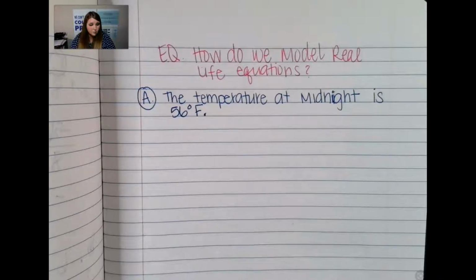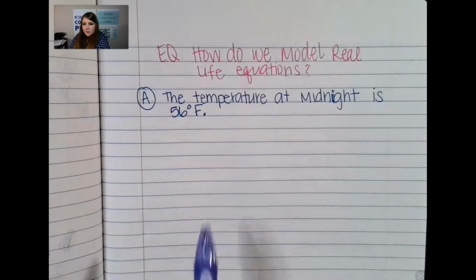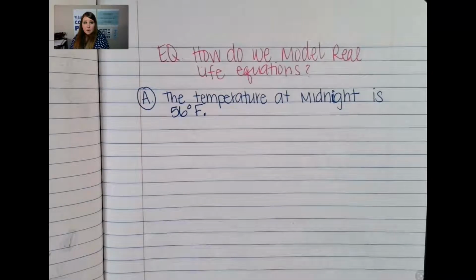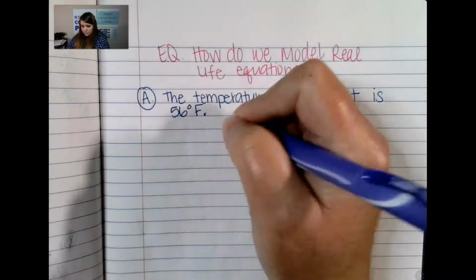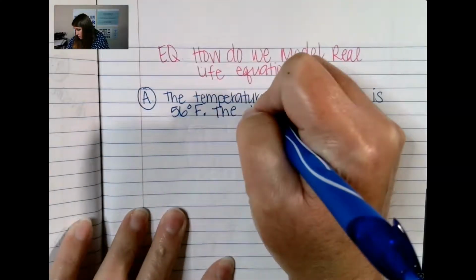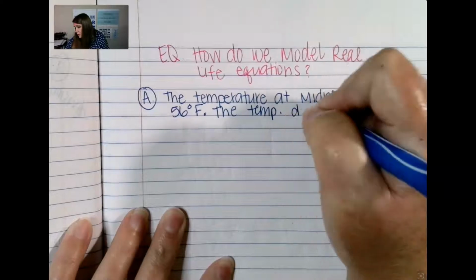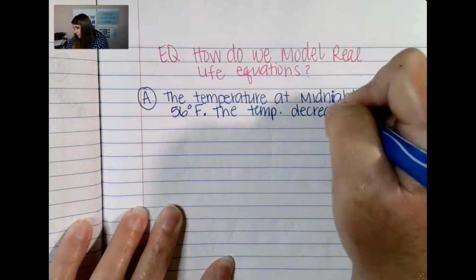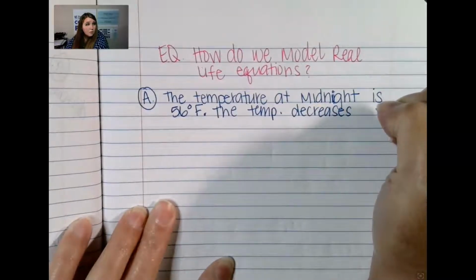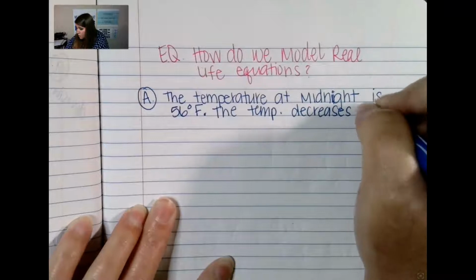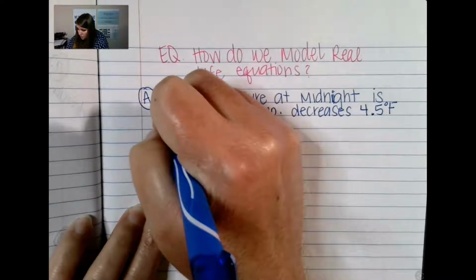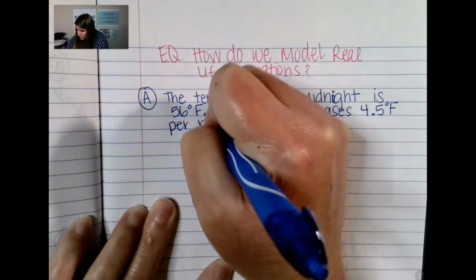So for example, the first problem we have says that the temperature at midnight is 56 degrees Fahrenheit. They also say that the temperature decreases 4.5 degrees Fahrenheit per hour.